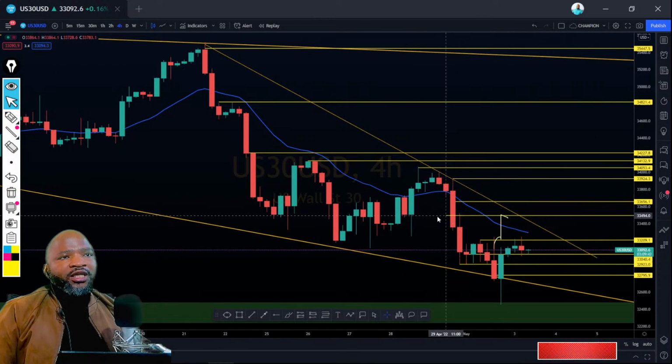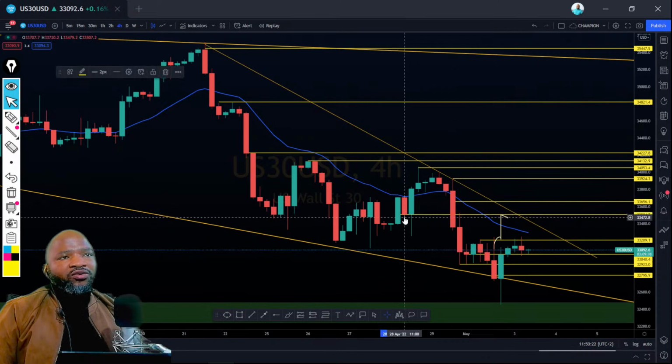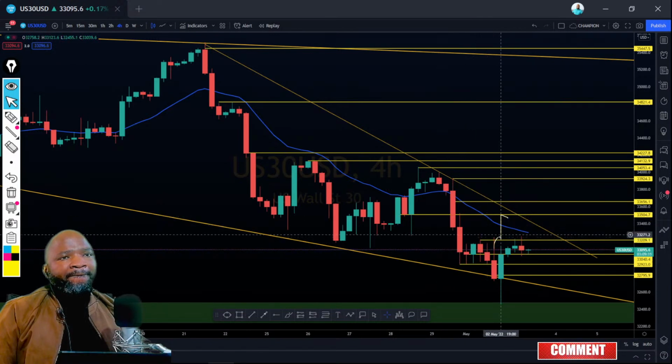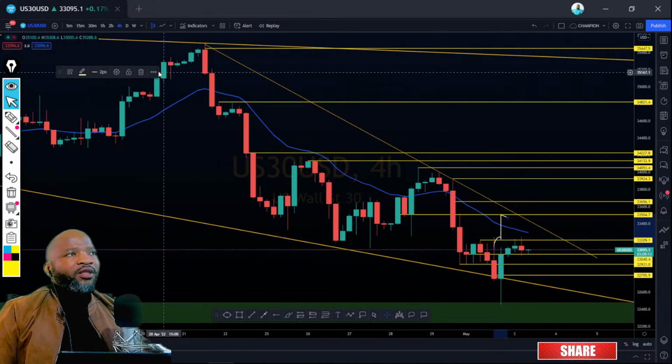If I extend this horizontal line, you can see that the candlesticks closed above this level, and in future the candlestick created the wick and pushed towards the downside at this level, respected this level. I hope that makes sense.